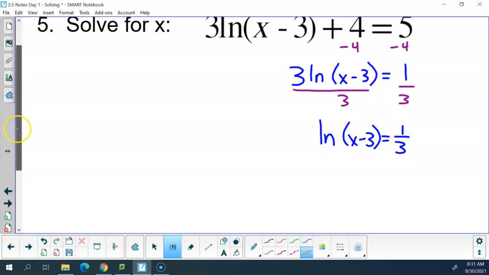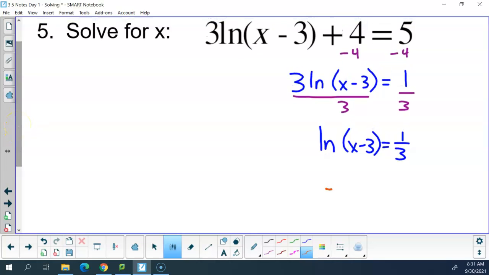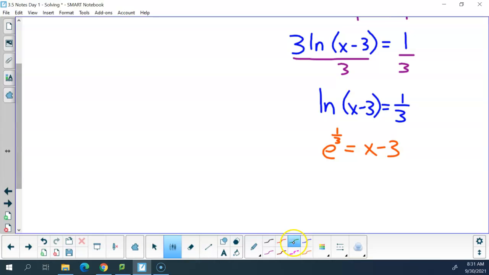So my base is e. Exponent, 1/3. Argument, x minus 3. So then I'm going to add 3 to both sides. 3 plus e to the 1/3 power equals x.